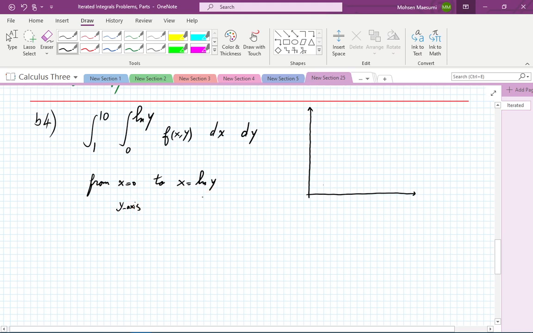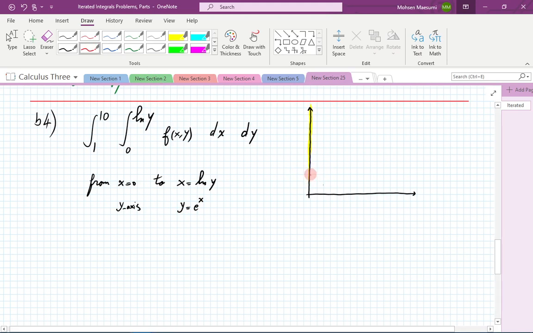X equal to logarithm of y. Perhaps it might be more familiar to us if we exponentiate both sides. It becomes exponential of x is equal to y. We normally write it y is equal to exponential of x. So these two limits, one of them is just where we are starting, and the other one, y equal to exponential of x.